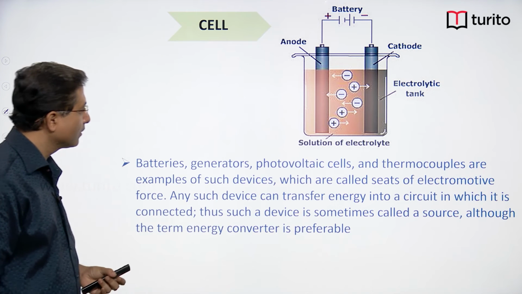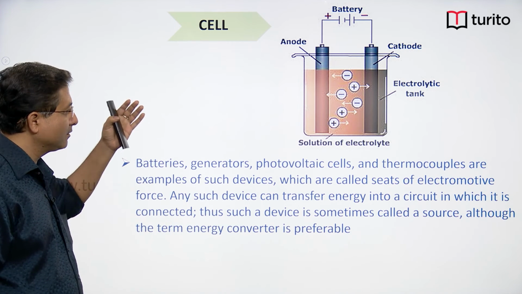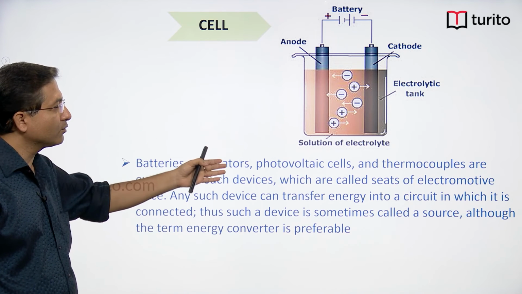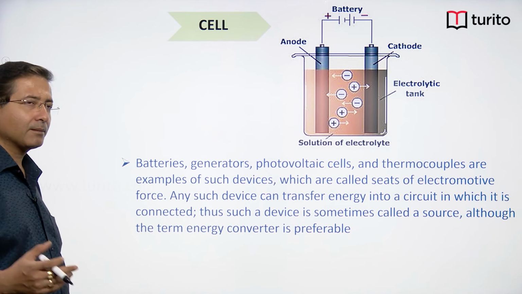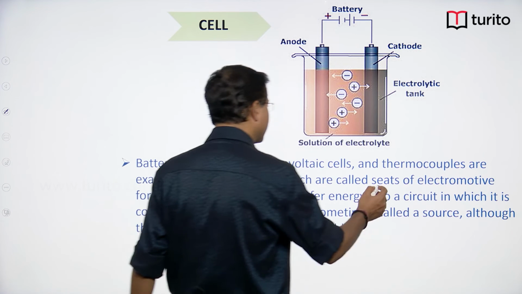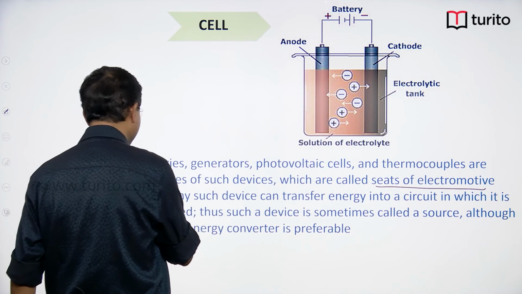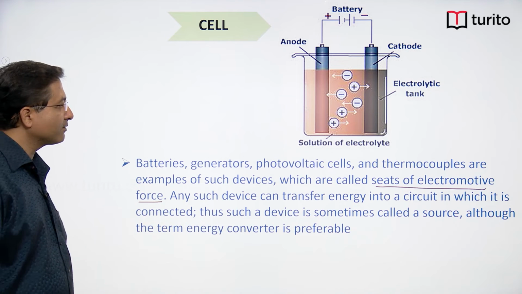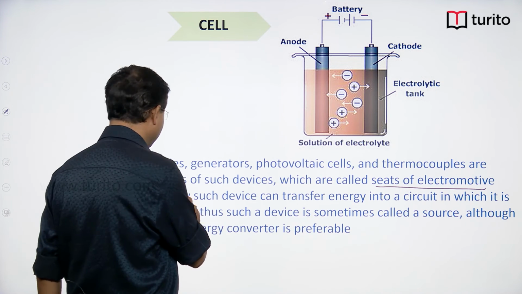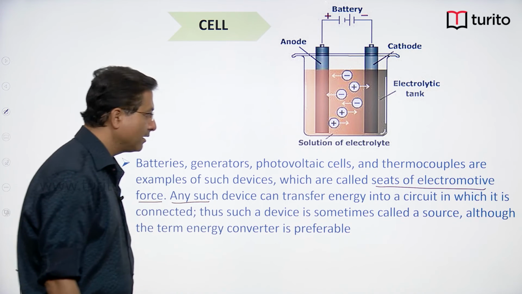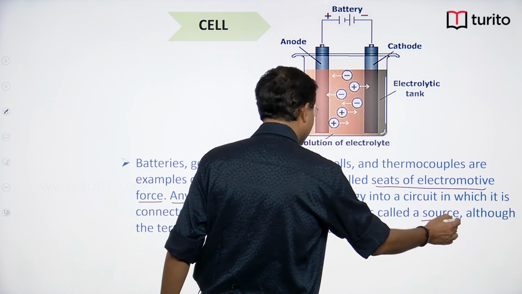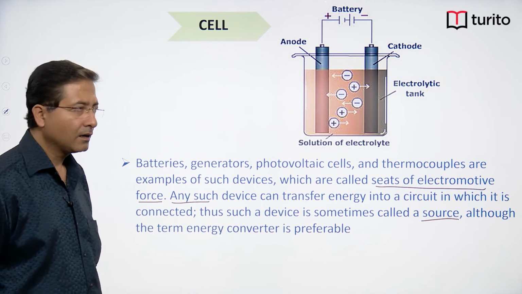Batteries, generators, photovoltaic cells and thermocouples are examples of such devices, which are called sources of electromotive force. Any such device can transfer energy into the circuit, and that is why it is called a source.